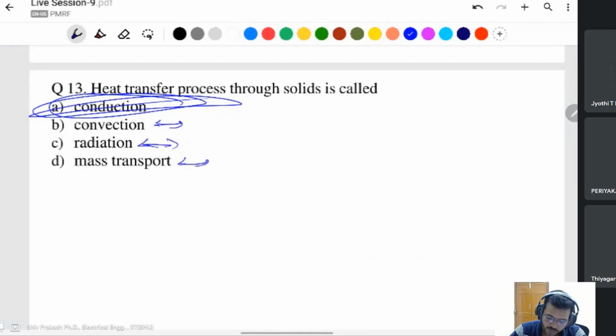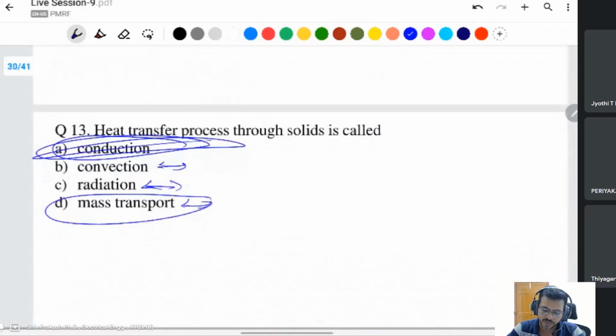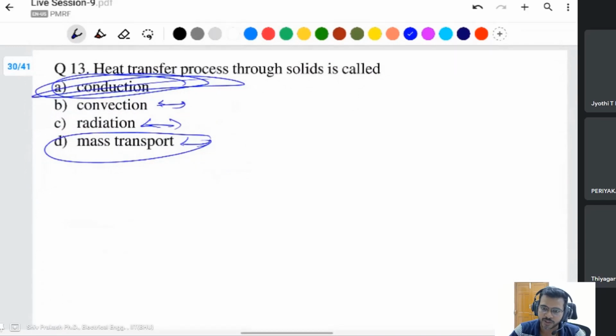Mass transport means some fluid is transferred from one place to another to cool, like an AC, and some large transformers have water cooling around them. This is also mass transfer, because the water flows from one place to another to transfer the heat.